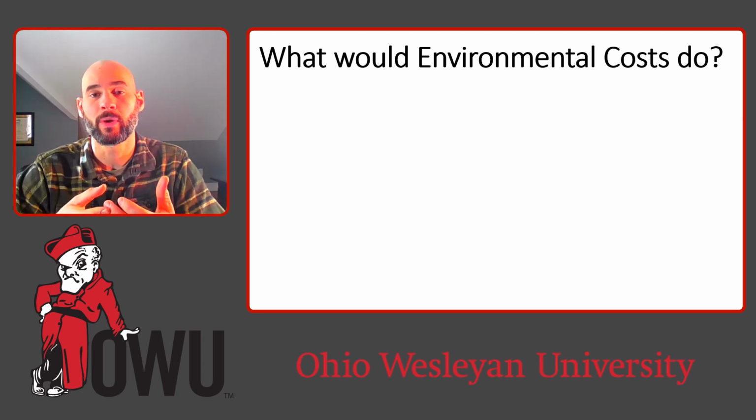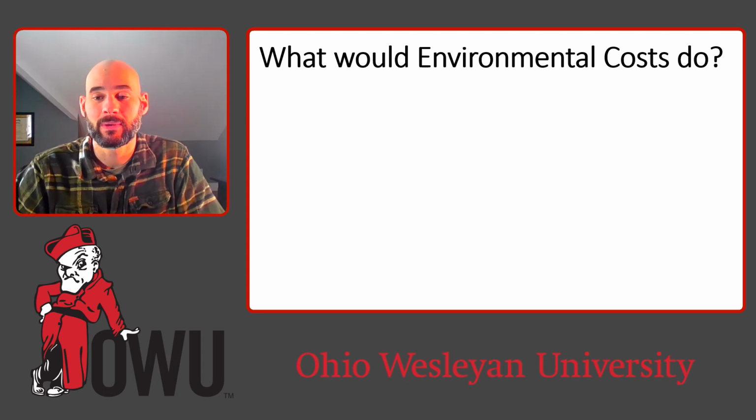One other wrinkle that we could throw in here would be that of environmental costs. And so, as we know from the previous slide, as the costs increase, the quantity extracted is going to decrease.